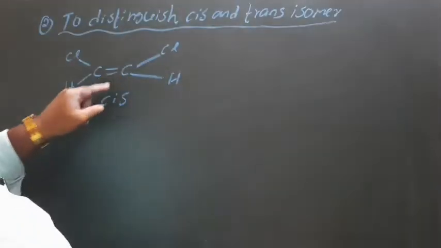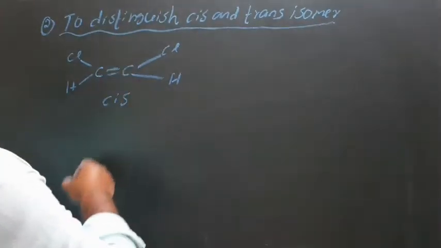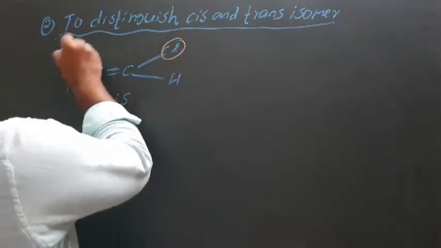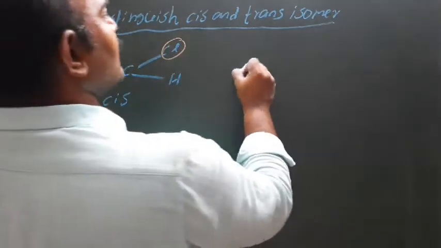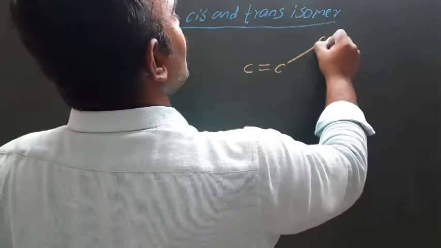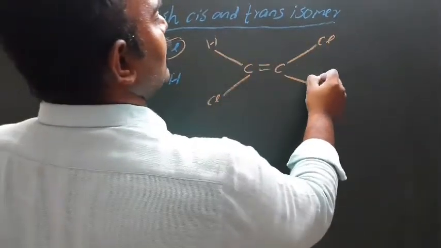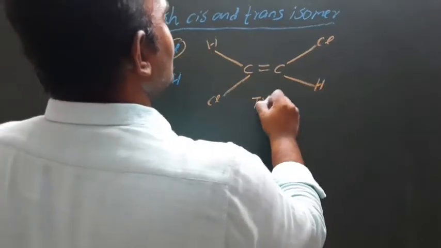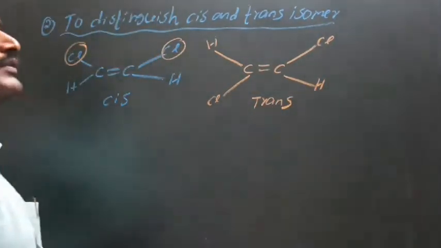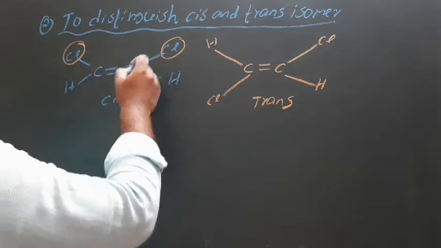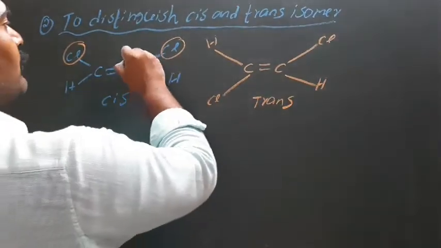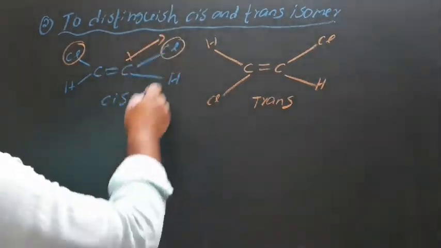How can we say? Around the double bond carbon atoms, the same groups are lying on the same side, then it is the cis isomer. In the same molecule, if the chlorine atoms are on opposite sides, that isomer is called the trans isomer. Here chlorine is more electronegative, so the bond moment is towards the chlorine.